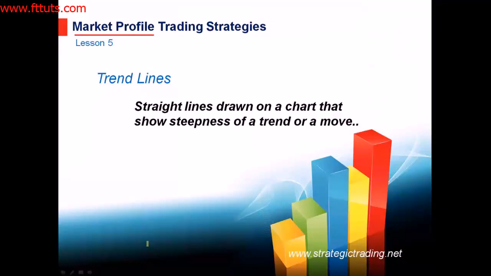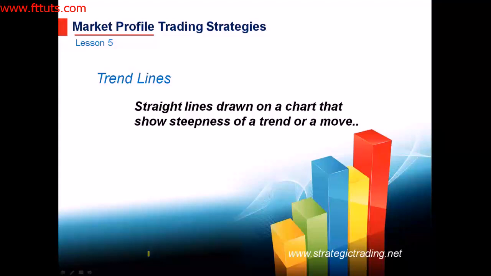Okay, the next area that we want to look at for support and resistance cues or points is trend lines. Once again, you are not going to see the trend lines on the profile chart, but you are going to see them on other types of charts.